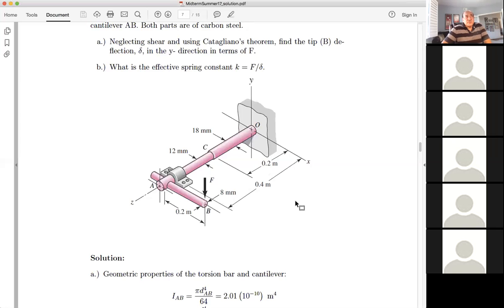In this example, we have a force that is acting on a shaft and making a deflection. And the deflection is due to the bending of this little shaft. So we know that the bending is going to be the major part where the energy is going to be stored.